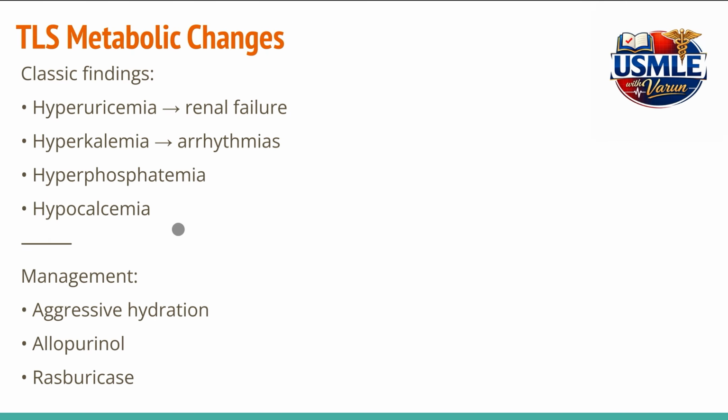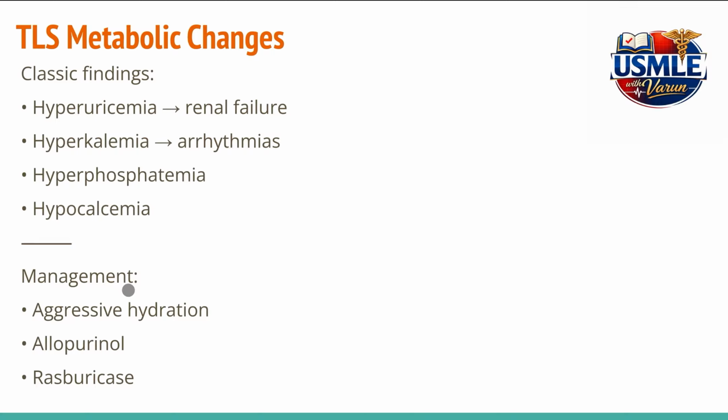The tumor lysis leads to release of potassium that's inside the cells that could cause arrhythmias, and release of uric acid could lead to hyperuricemia, which could precipitate renal failure, and release of phosphate into the circulation could lead to hyperphosphatemia, and this phosphate can bind with calcium, leading to calcium phosphate crystals, which could lead to acute kidney injury.